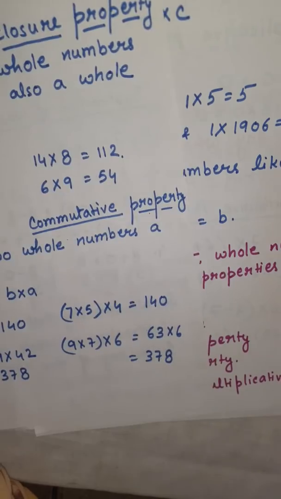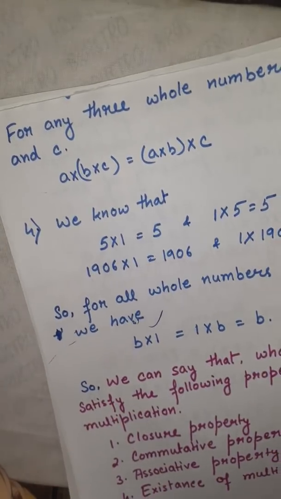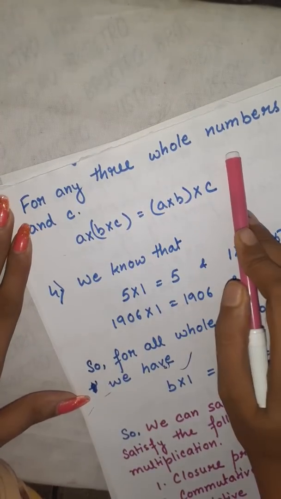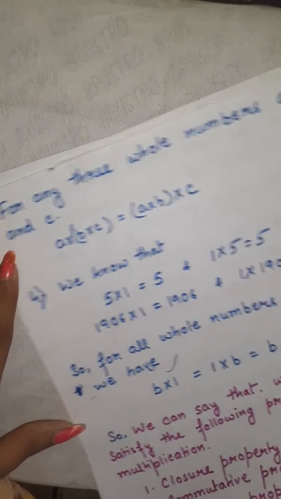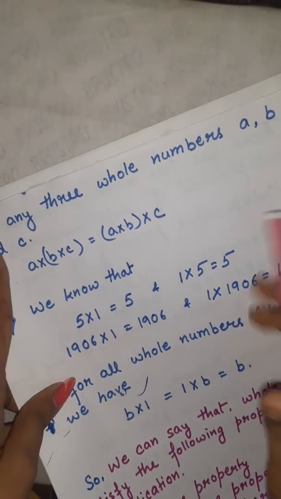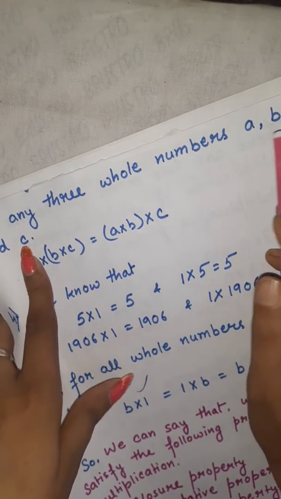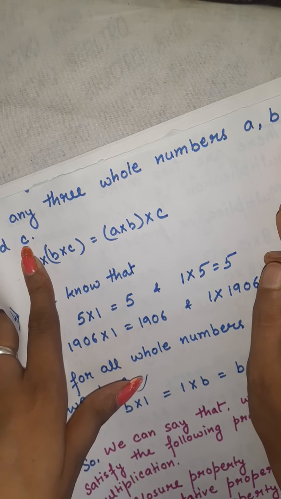Correct? So we can say for any three whole numbers, because for the associative law we need three whole numbers, we have taken any three random whole numbers a, b and c. You can take any of them irrespective of whether they are larger or smaller.